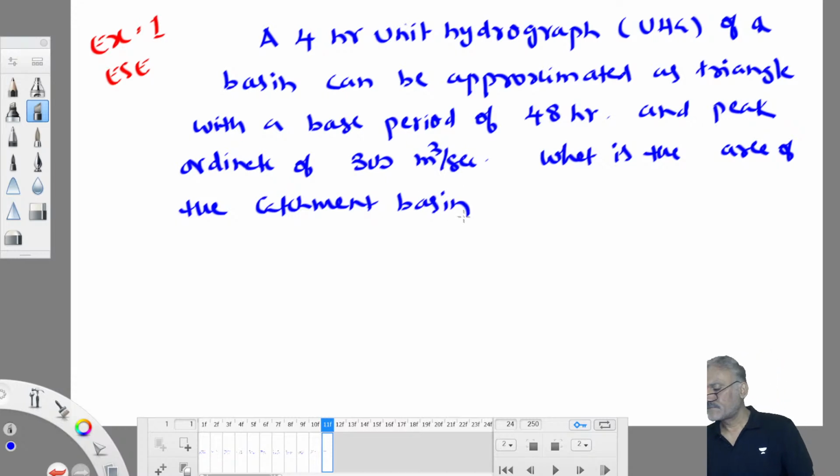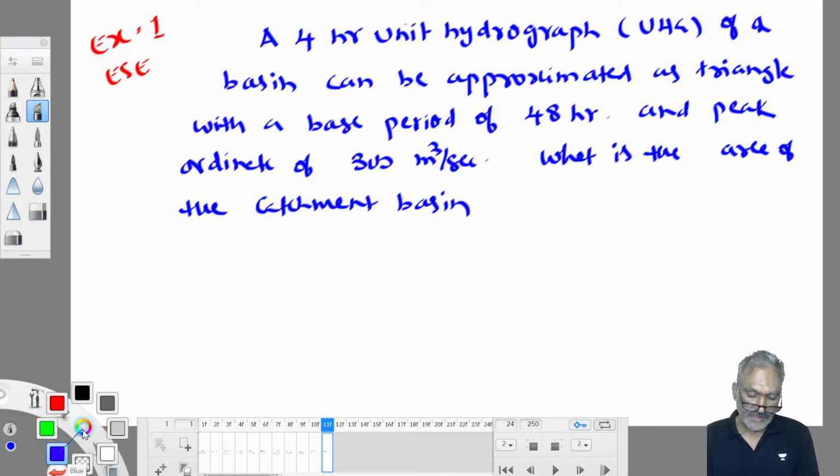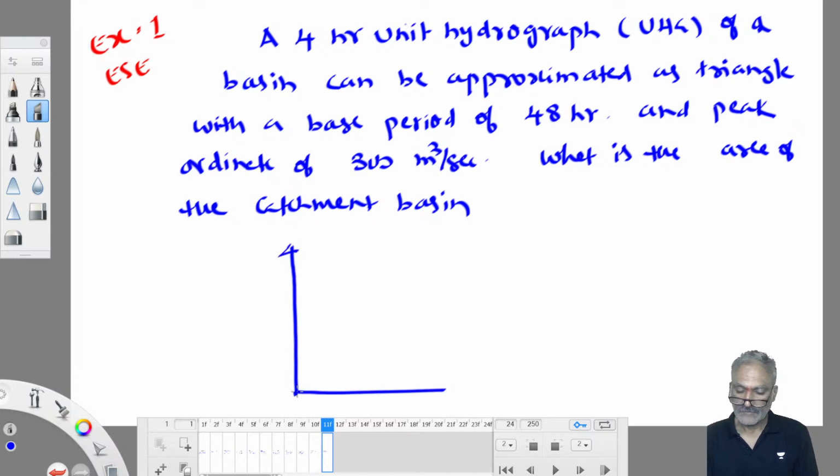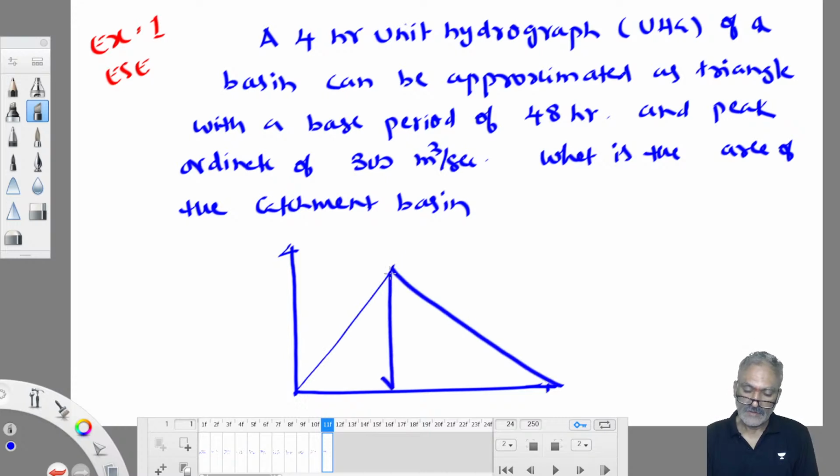Come on, try. Come on, Rahul, now try this question. So what is given to you is the unit hydrograph, in the form of a triangle with a peak discharge of 300 meter cube per second.